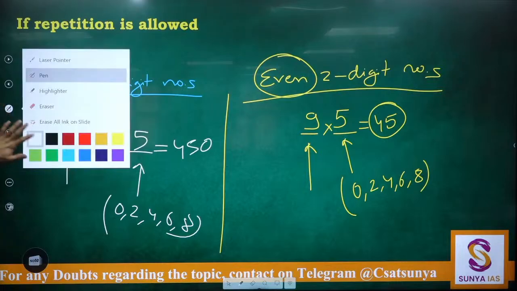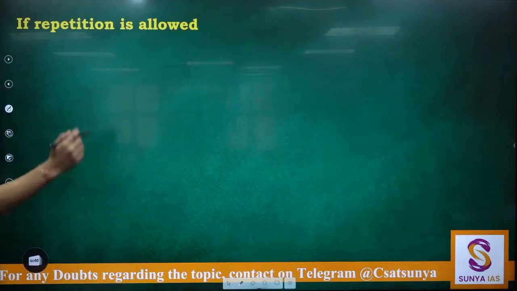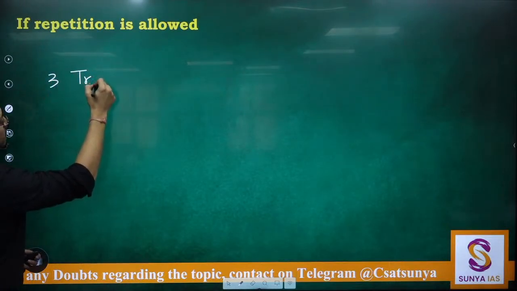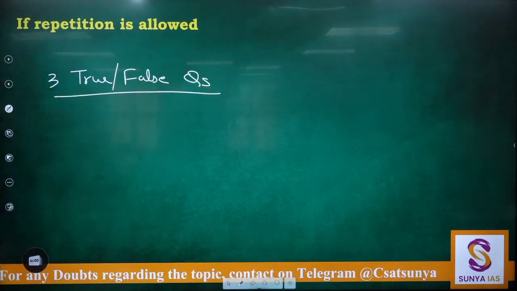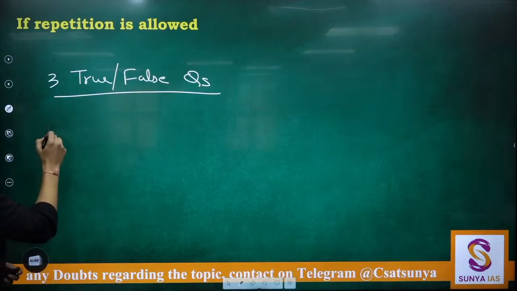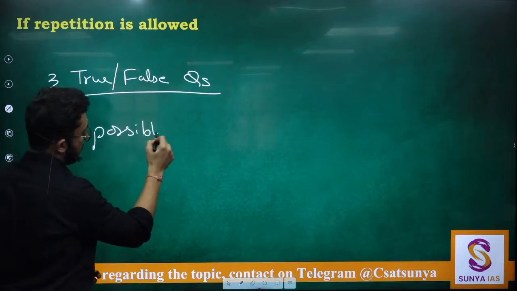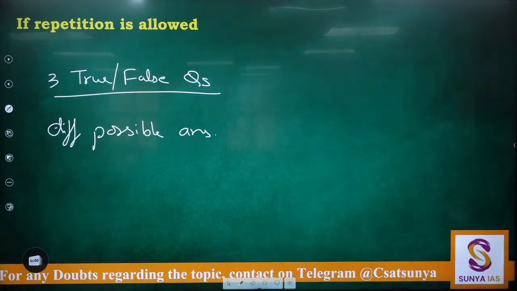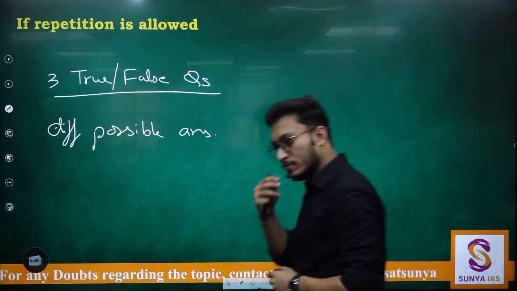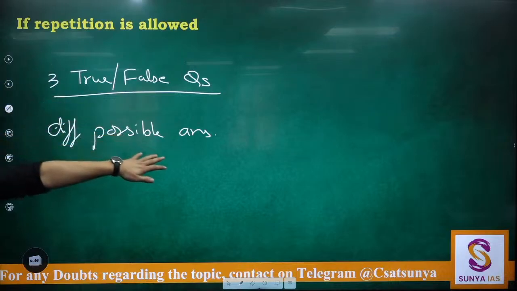How many total different possible answers can you give? Think, use your brain. All of this comes with PNC. Right now I am just trying to explain how we are applying all the things that we have learned so far.